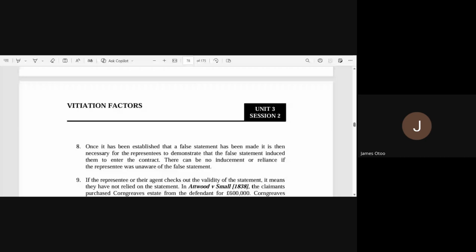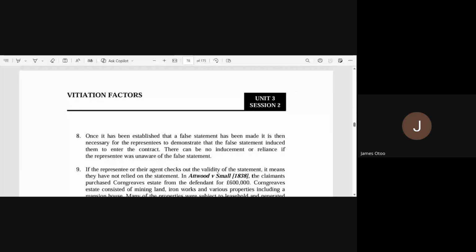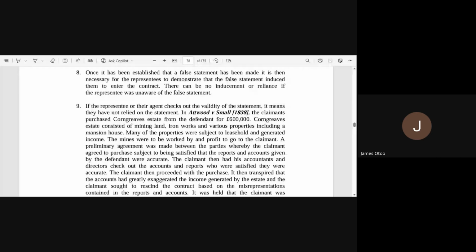Now, if the representee or their agent checks out the validity of the statement, it means that they have not relied on that statement.